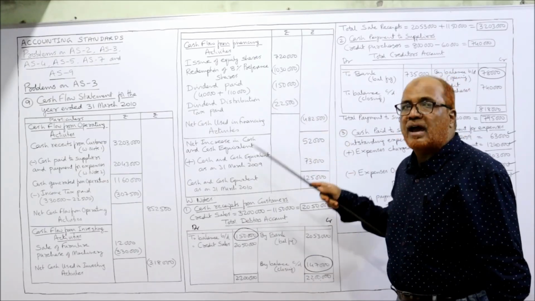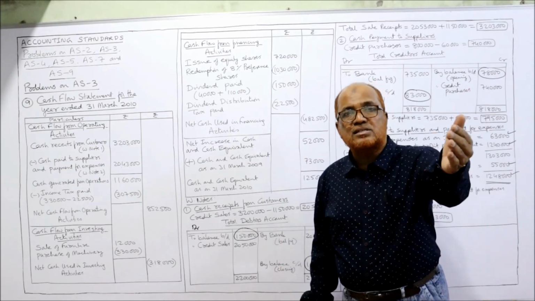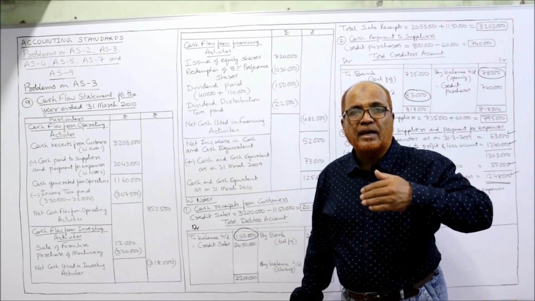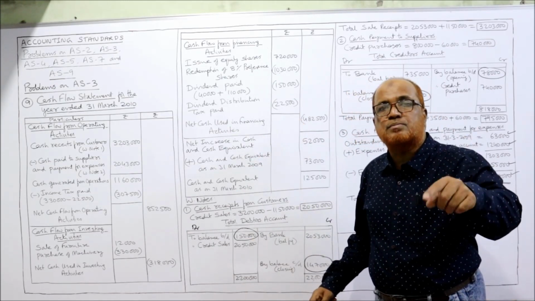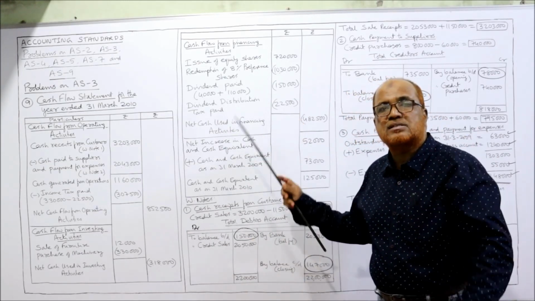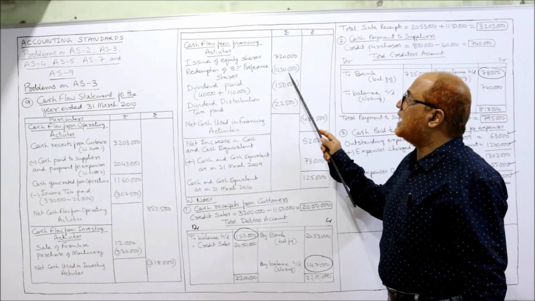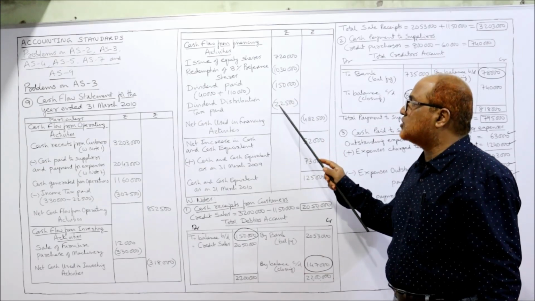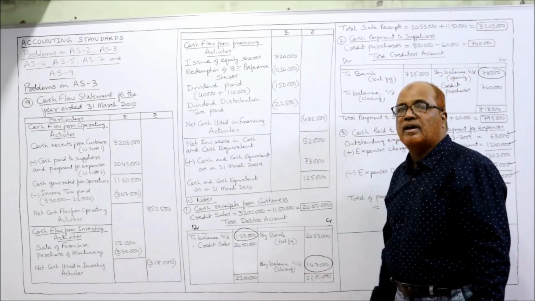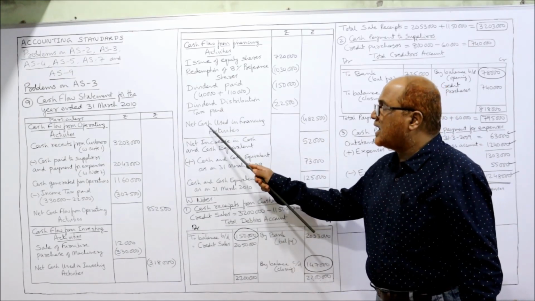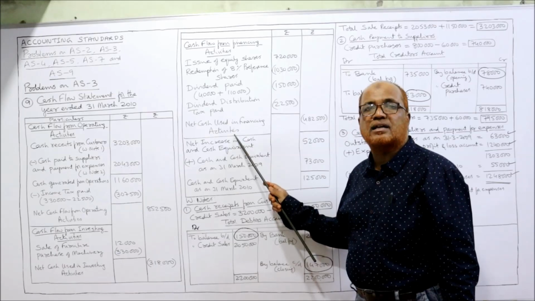So wherever there is bracket, there is cash outflow. When no bracket is there, there is cash inflow. So by issuing the shares, cash inflow. By redemption of shares, by payment of dividend, there is cash outflow. So 7,20,000 minus 10,30,000 minus 1,50,000 minus 22,500. You will get minus 4,82,500 negative. So net cash used in financing activity.